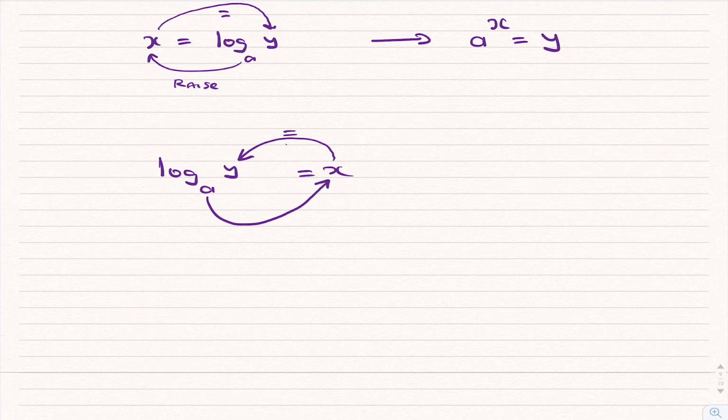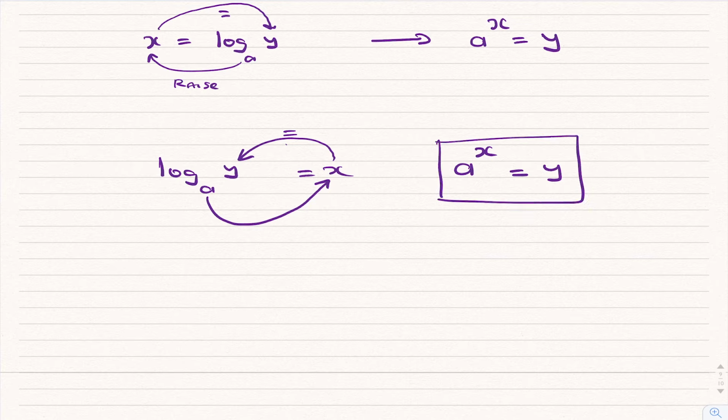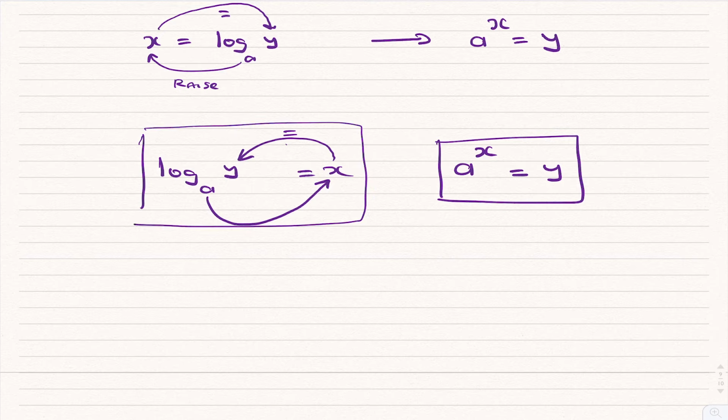So I'm going to get a to the power of x equals y. So this is an exponential function here, and that is a logarithm function there. And that's the relationship between them. And that's why we say we use log to solve exponential function and exponential function to solve log.